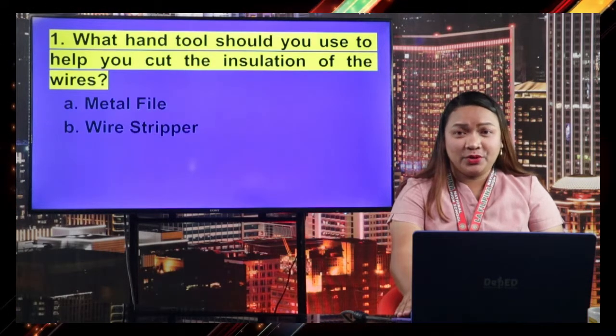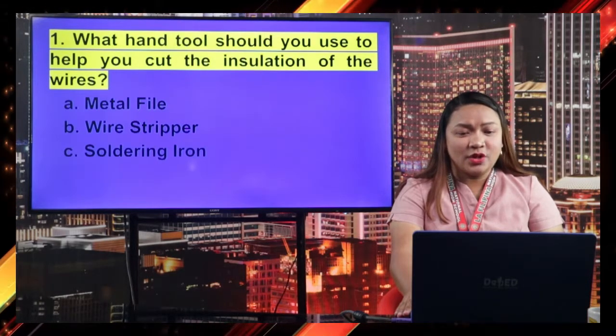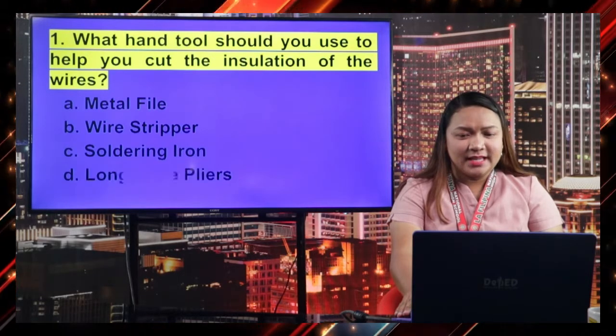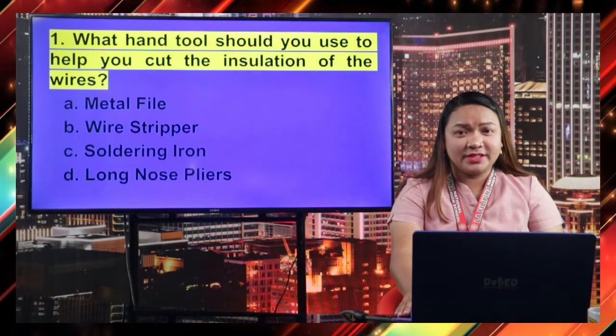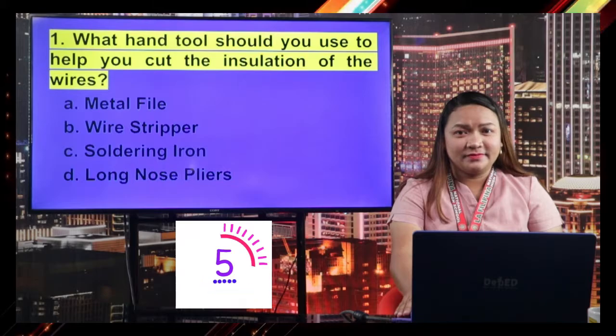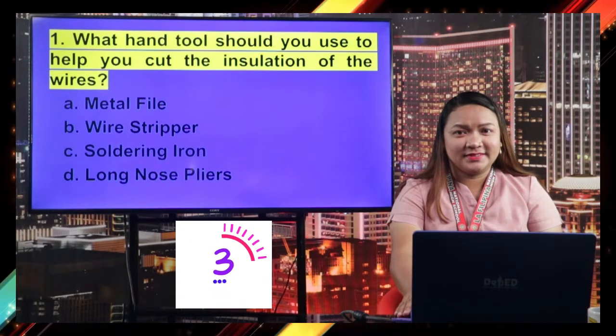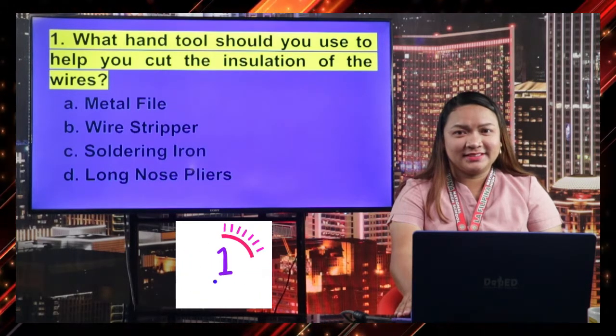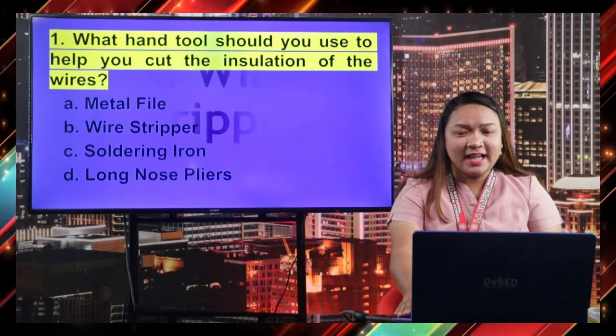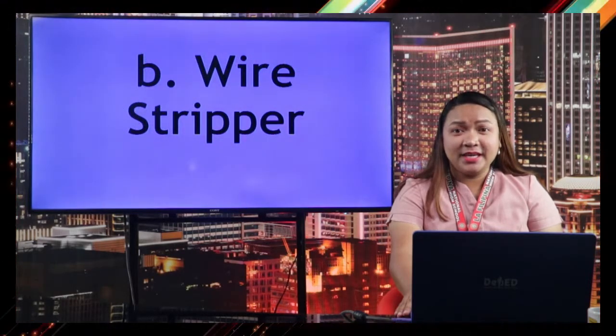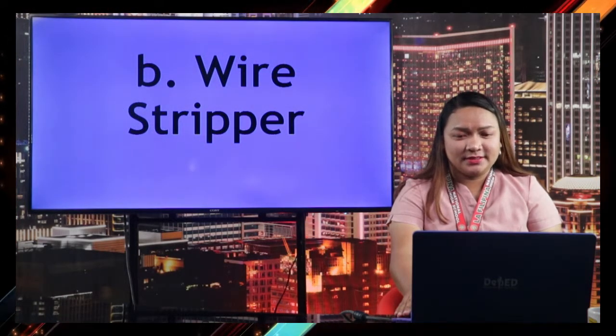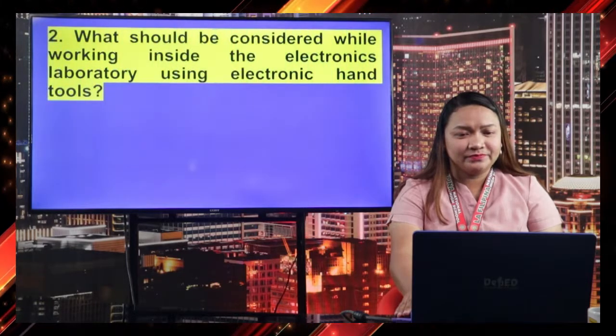B. Wire stripper. C. Soldering iron. And D. Long nose pliers. The correct answer is letter B. Wire stripper.